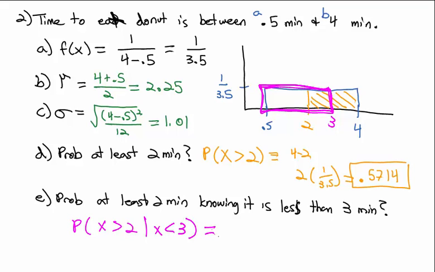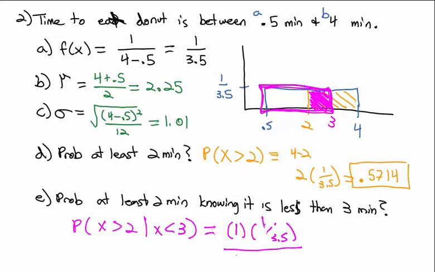Well, we get that by finding the probability of both divided by the probability of the given information. That's conditional probability. The probability of both is this area between 2 and 3. Well, the length there is 1 times the height of 1 over 3.5, divided by the probability of the given information.